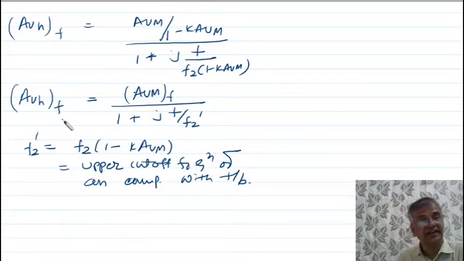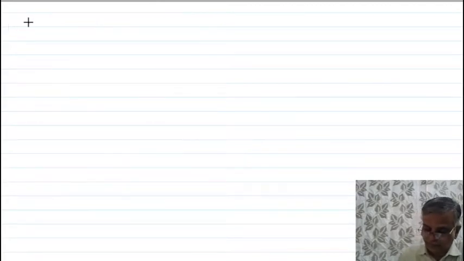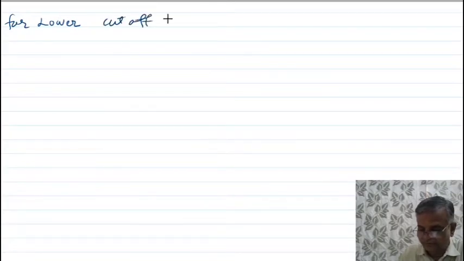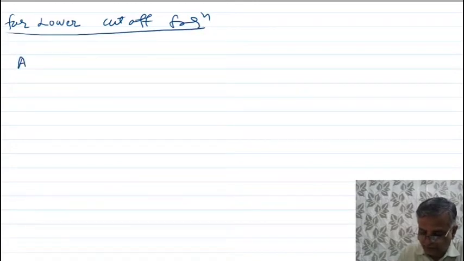Now let us find f1 dash. To find f1 dash, this is now for the lower cutoff frequency. See, this is the equation of the lower cutoff frequency.